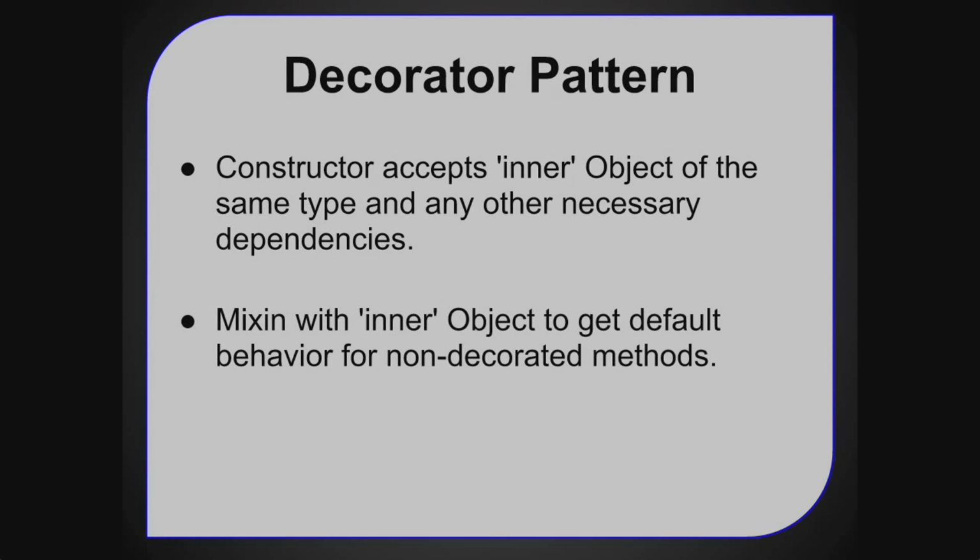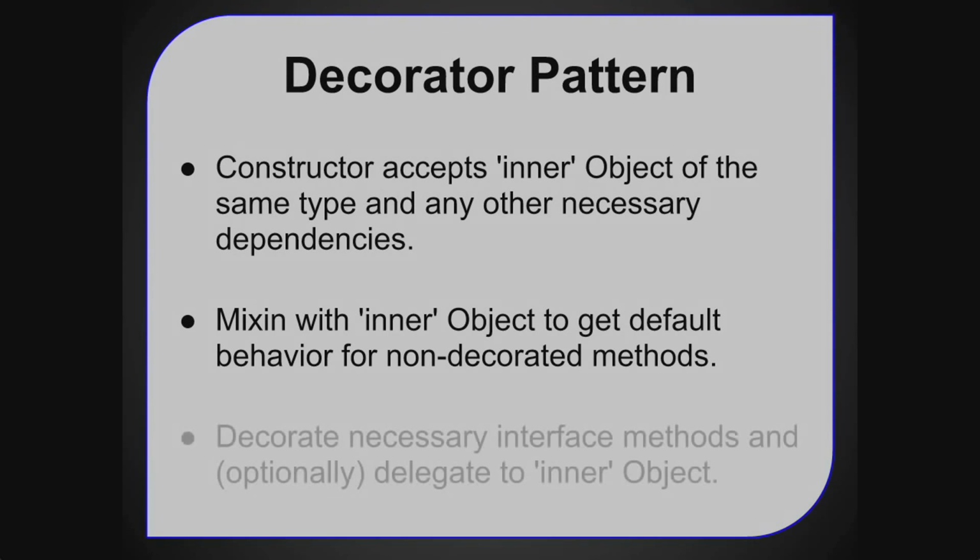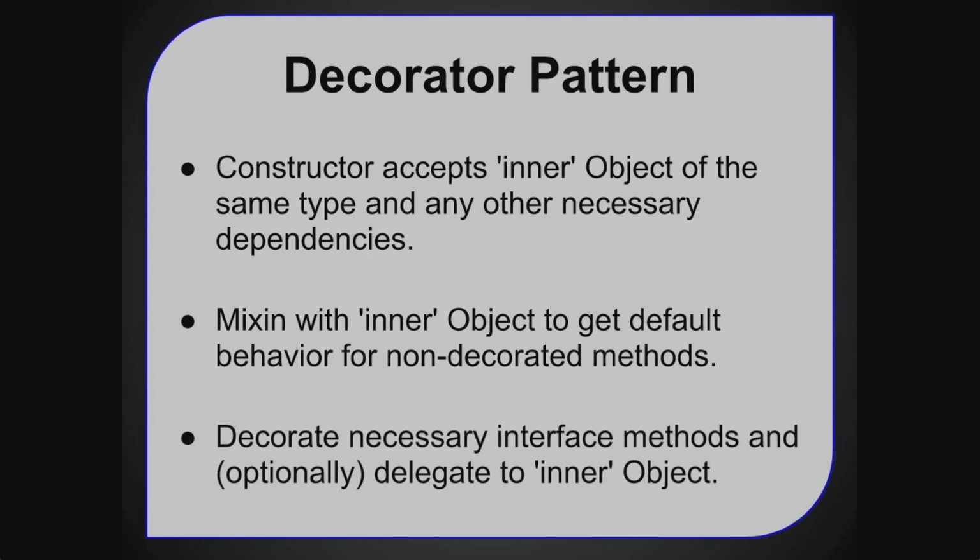Then you mix in the inner object's methods into your decorator object, so you don't have to implement all the interface methods if you don't want to. And then finally, you implement the interface methods that you want using the decorator, using the other object you passed in, the logger or the profiler, to actually do the work that you want the decorator to do.